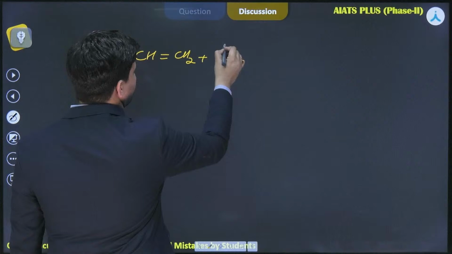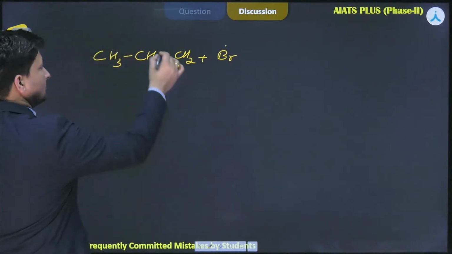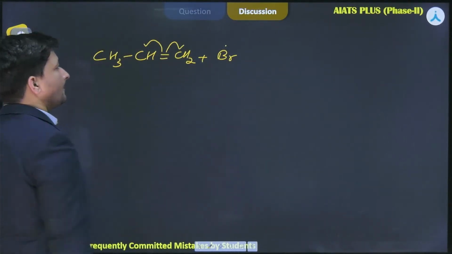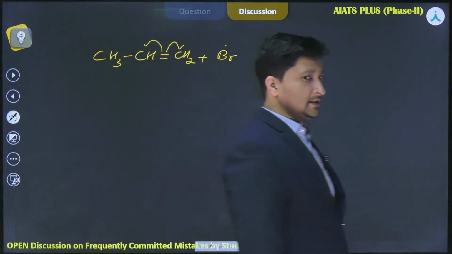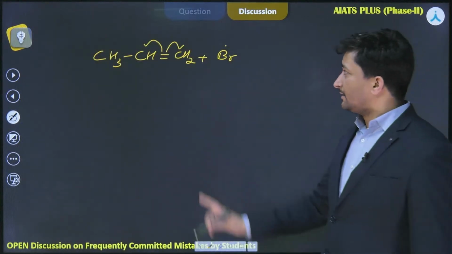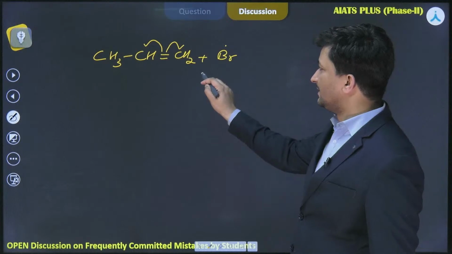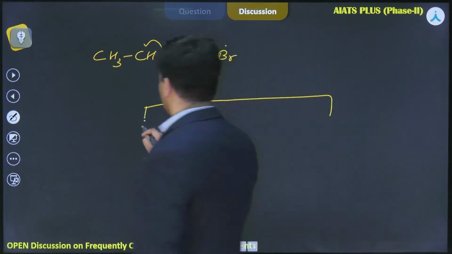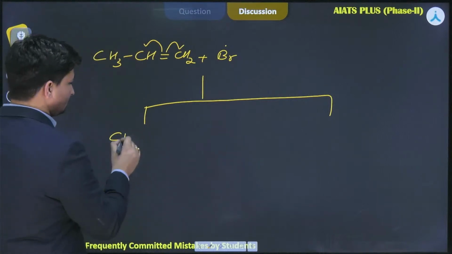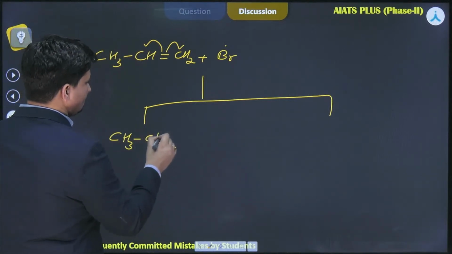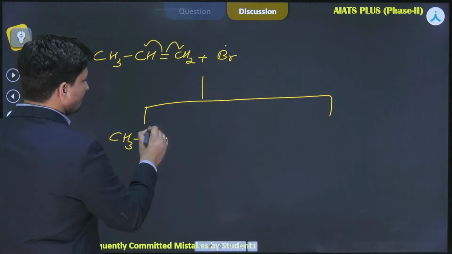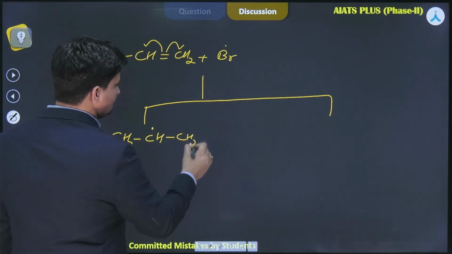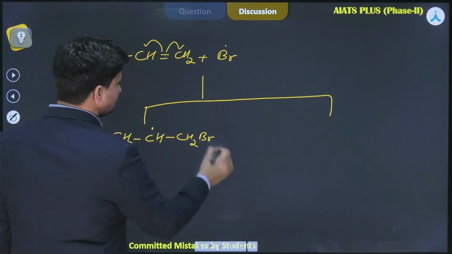Now this Br free radical will be there. Again homolytic cleavage, and due to this homolytic cleavage, you will find that again 2 possibilities are there. CH3, CH, free radical will be here, and CH2, Br will be formed.